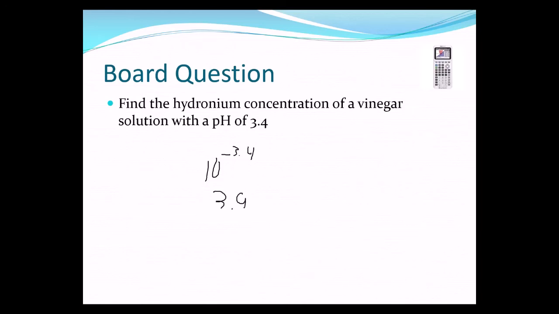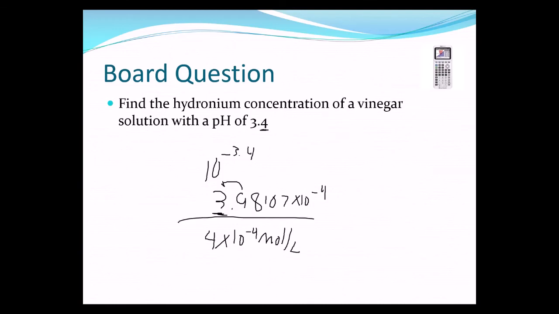And our answer is 3.98107 times 10 to the negative 4, right? This has one number after the decimal place, so 1 sig dig, so we only want to include this one. We got to round that up. So 4 times 10 to the negative 4 moles per liter is going to be our answer.